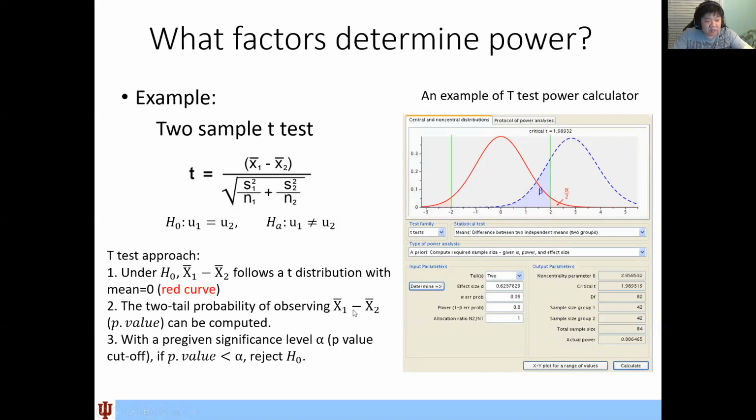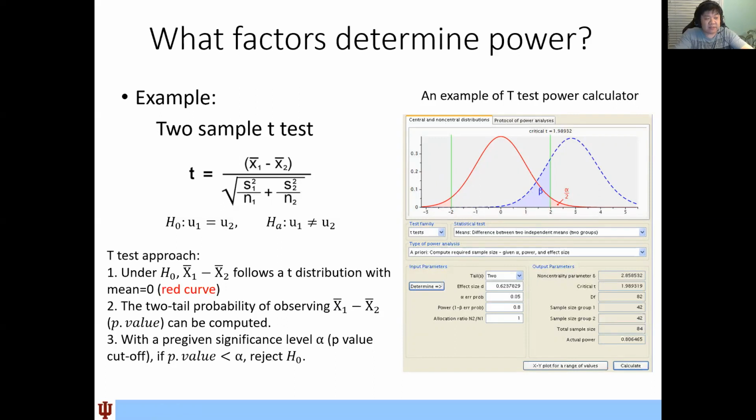This means if the observed x1 bar minus x2 bar is on the right side of this green line or on the left side of this green line, we will reject the null hypothesis. So with this information, can we determine the power? Actually not. This just shows how the statistical test works.